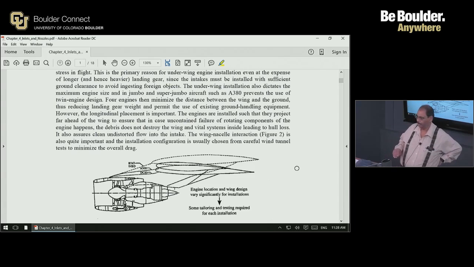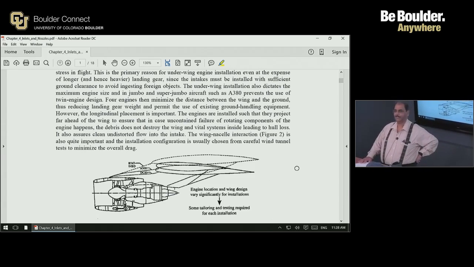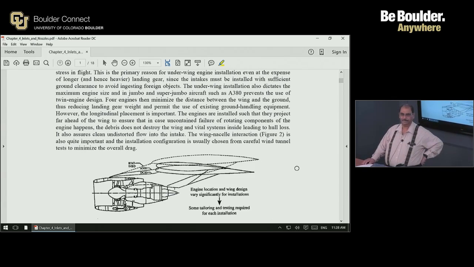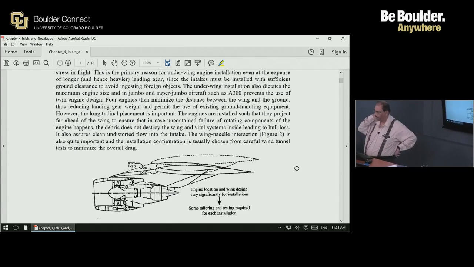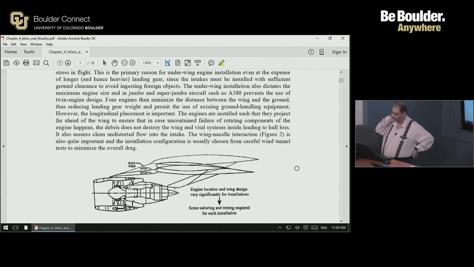So that is a very important consideration, because that in turn reduces the weight of the wing that needs to be designed, and that of course improves the fuel efficiency and things like that. But mounting the engines under the wing changes the flow around the wing. Okay.